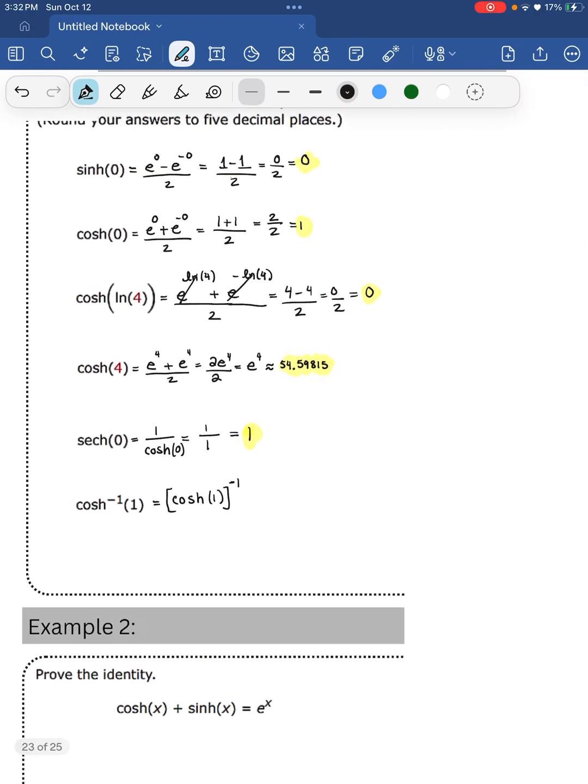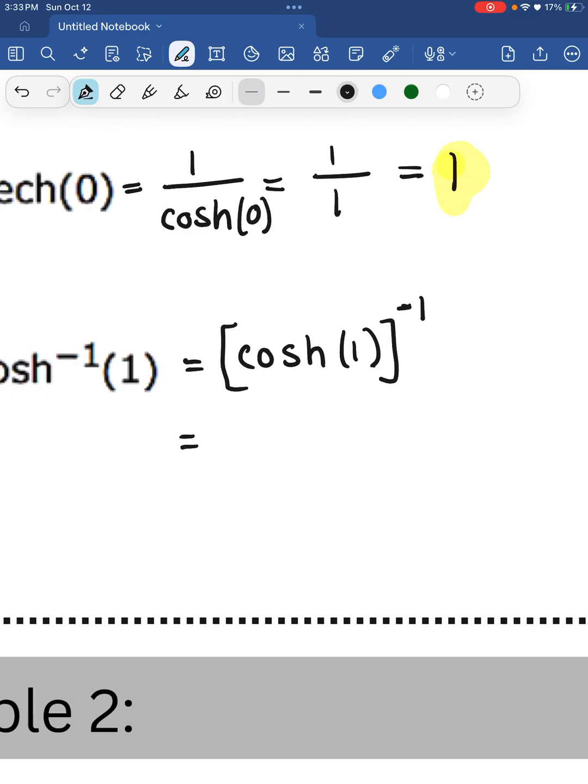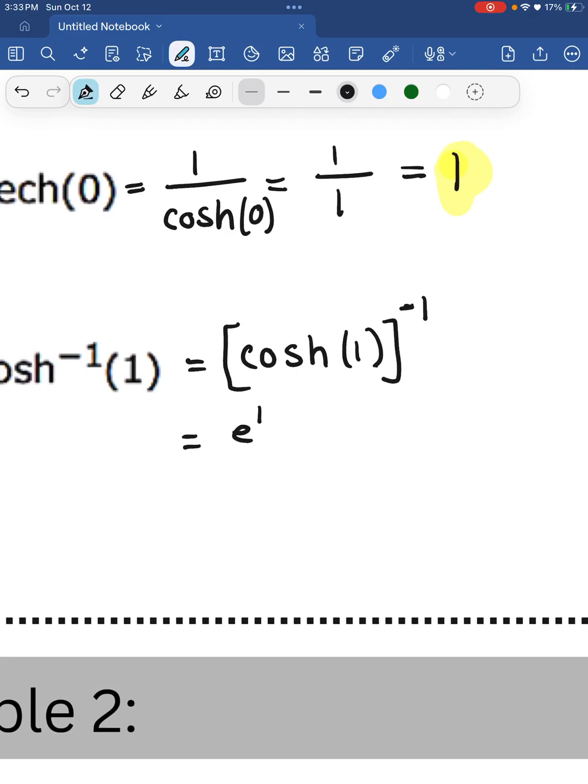Again, you're using either the definition of what cosh and sinh are, or at the very most, you would be using one of the hyperbolic identities to rewrite some of these.